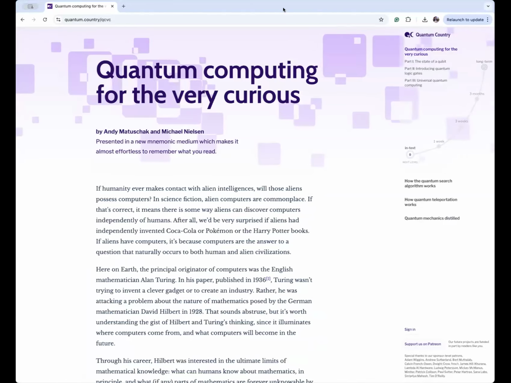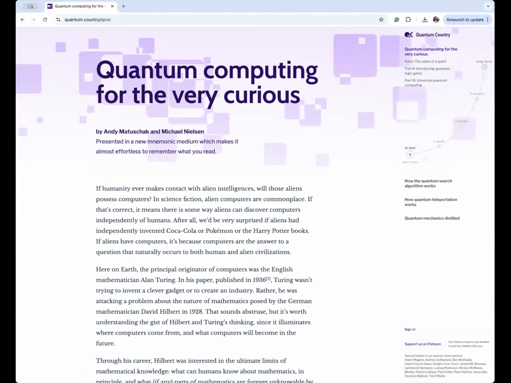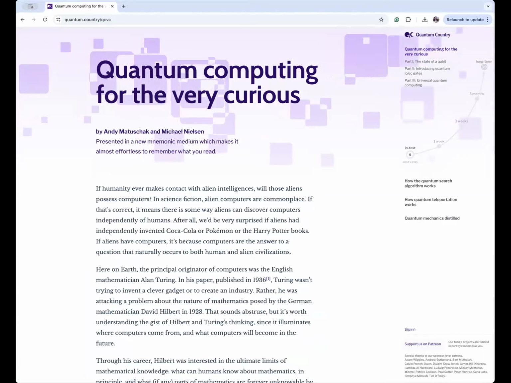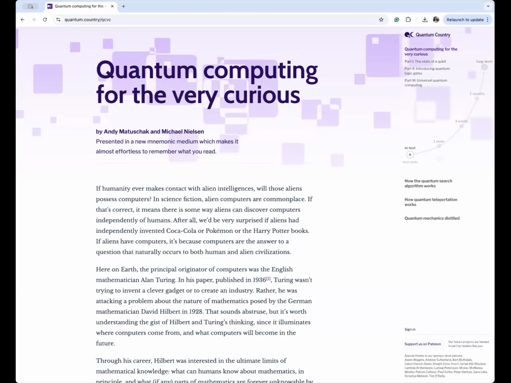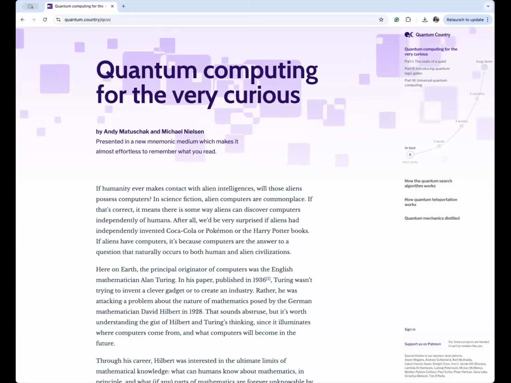Last week, I mentioned quantum.country. Did any of you study this interactive essay about quantum computing for the curious? If so, maybe send me a thumbs up or positive reaction. And if you have done this, feel free to send any comments here in the chat, whether this gave you any insights or what your learnings were.